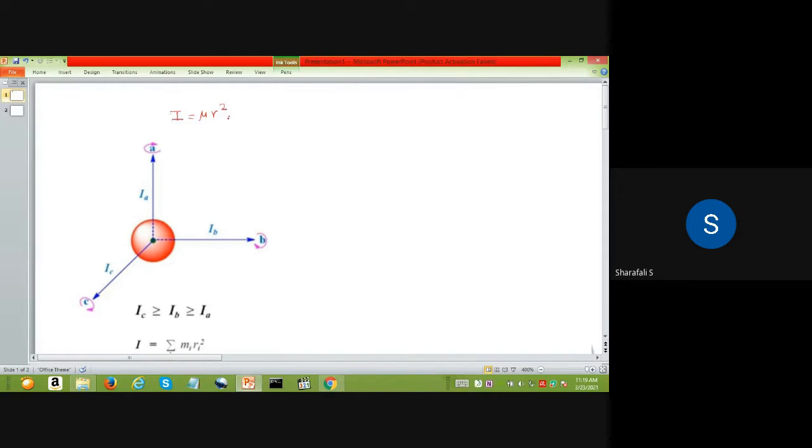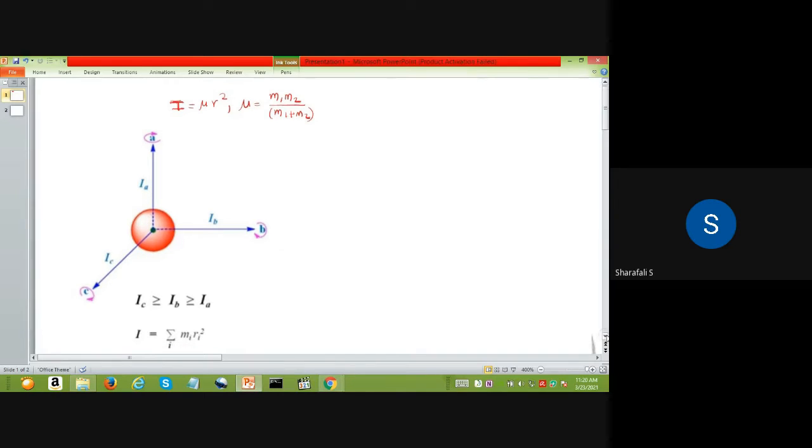So this mu is nothing but m1 m2 by m1 plus m2, that is the reduced mass of those two masses m1 and m2. Now, depending on this moment of inertia I, we can classify the molecules into different groups. That we will discuss in this section.